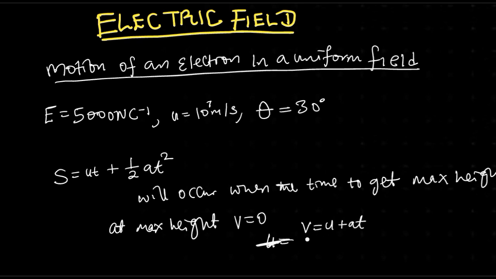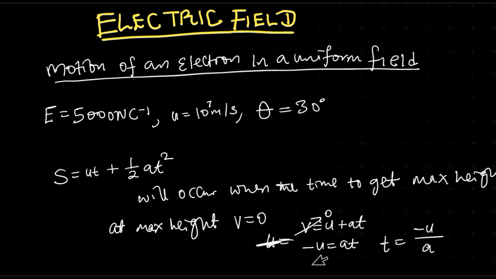So in this case, take u to the other side. This is 0 because at maximum height, final velocity is equal to 0. So this becomes minus u is equal to at. Sorry, we are not looking for a, we are looking for t, so that we can substitute our t here. So from here, t is equal to minus u over a.